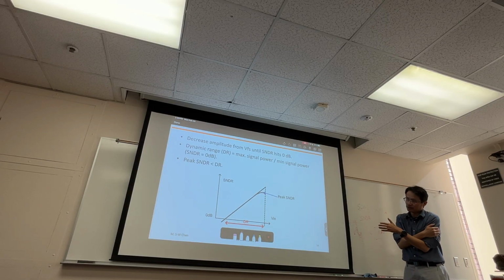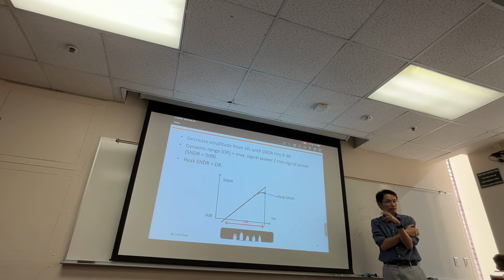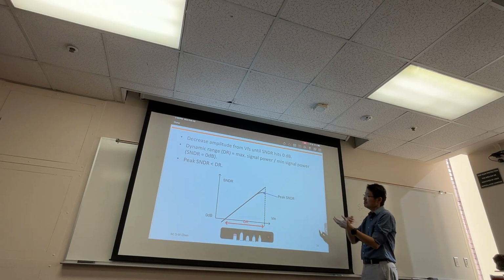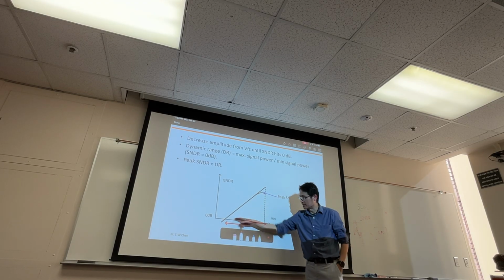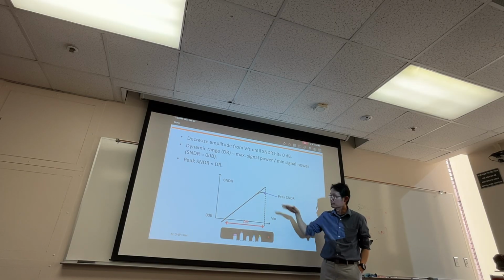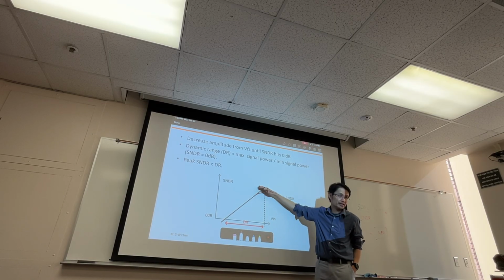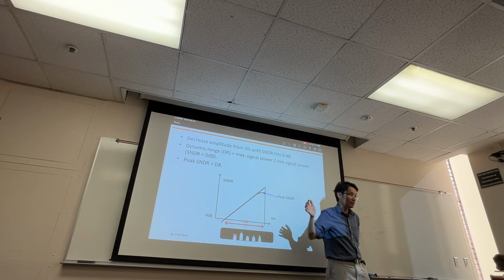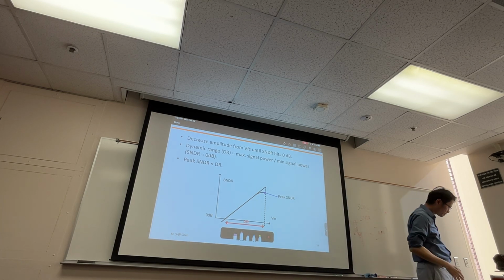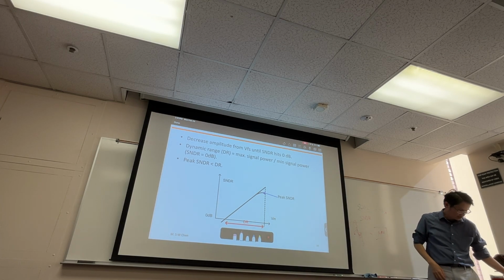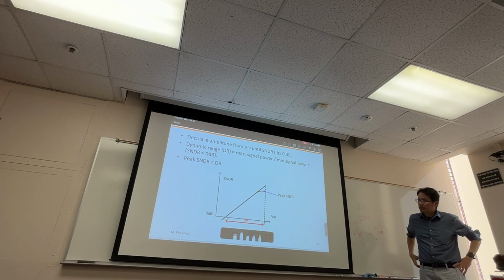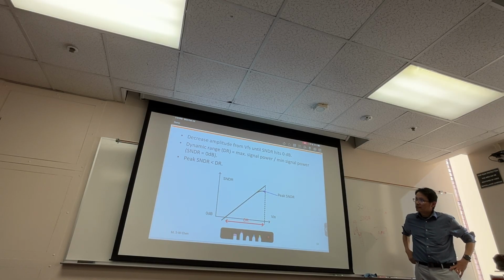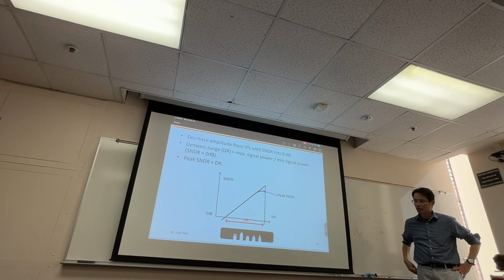But it's okay. In the future, if you see this so-called dynamic range, you just look at what the definition is. Do they define it from peak SNDR to 0 dB, or do they compare it to the ideal curve and say, oh yeah, this is a 3 dB compression point? Even though it's not super clear, at least you see what they're trying to say.